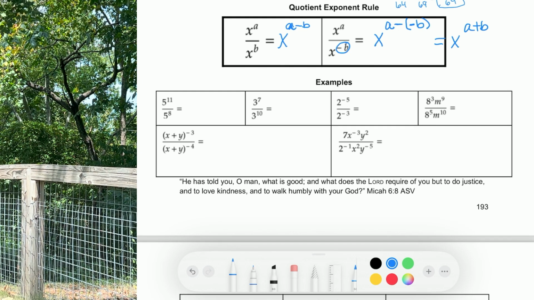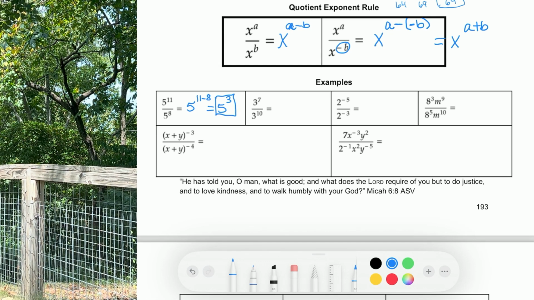All right, so let's look at some examples. We have 5 to the 11th over 5 to the 8th. The rule tells me I'm going to take my base, the 5, and then I'm going to subtract my exponents. So I end up with 5 to the 3rd power as my answer.